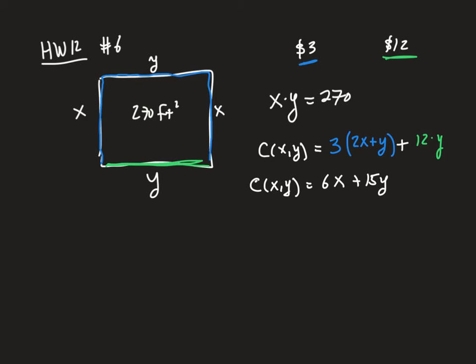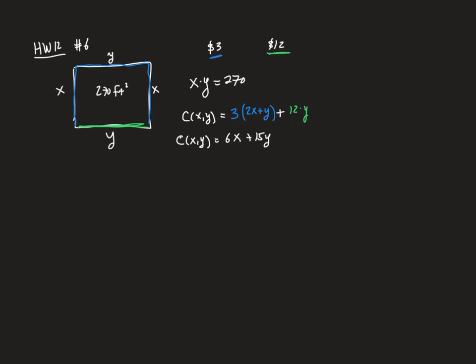Okay, so in order to use calculus on this, we want to go back and look at my constraint, which I'm going to highlight here in red. I want to use that to get rid of one of my variables. It doesn't matter if I get rid of x or y. So here, x is going to be equal to 270 divided by y.